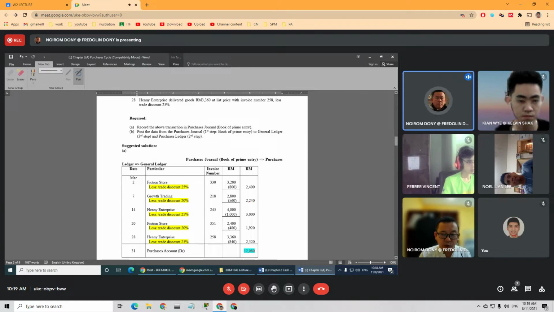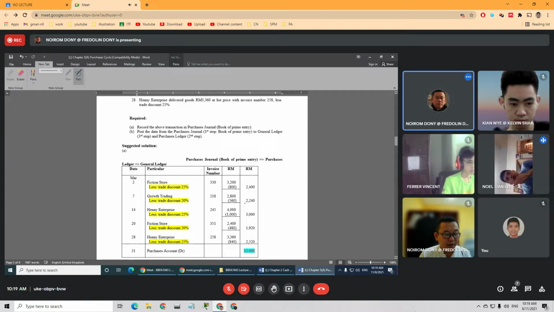Or if we want to check whether this is correct: since it is less 20%, 100 minus 20% is 80% remaining, isn't it? So 0.8 times 2,800, if you get this amount, meaning you are doing it correctly. Do you understand what I'm saying?